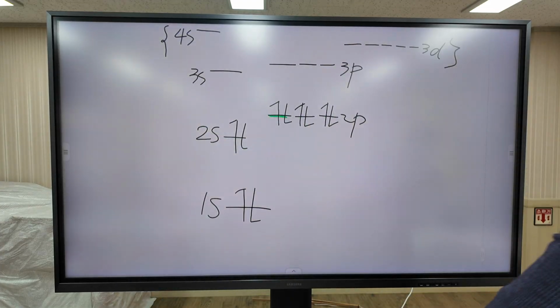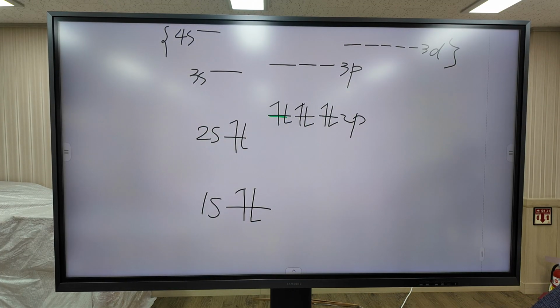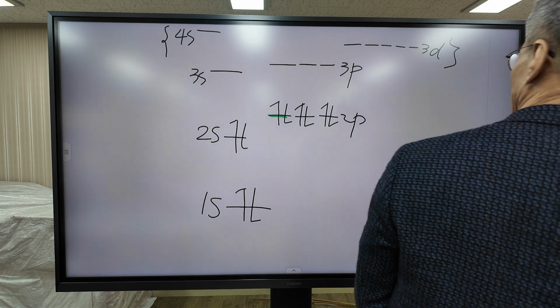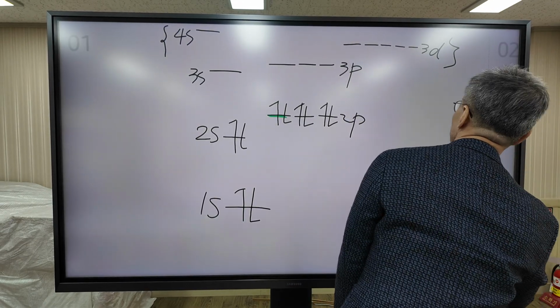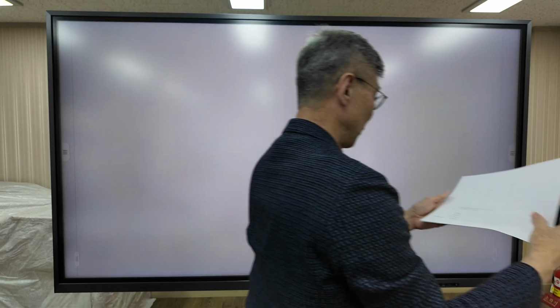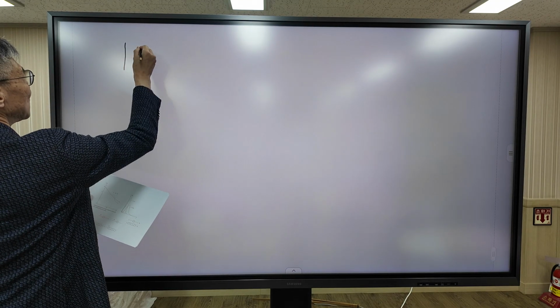For example, the electronic configuration of potassium is known to be 4s1.